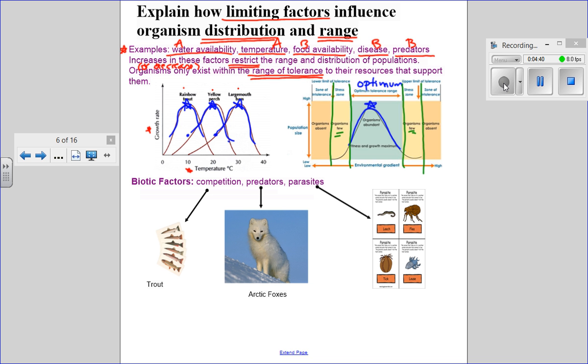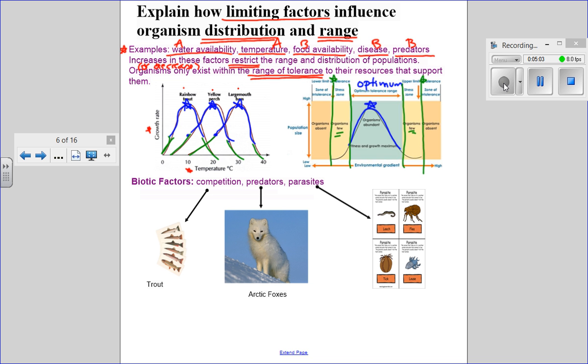So you'll notice we have the upper and the lower limit of tolerance. This is the upper limit. This is the lower limit. After that point, the line stops. There's no more organisms.